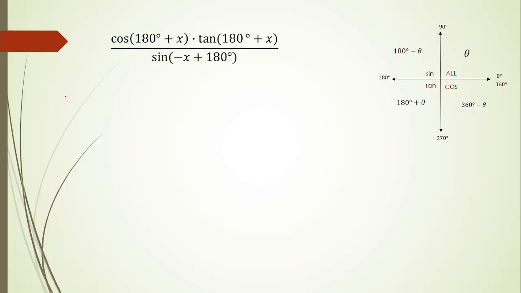Okay, let me start. So 180 plus, that is tan's quadrant, this is cos. So that's going to be a negative cos of x times by 180 plus, that is tan's quadrant. So that's a negative tan of x. Uh-oh, what's happening here?